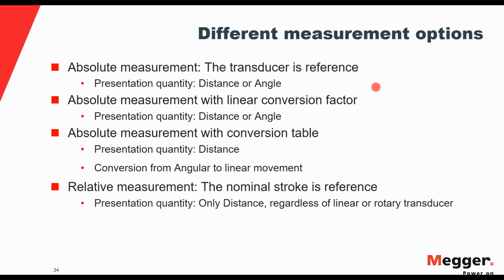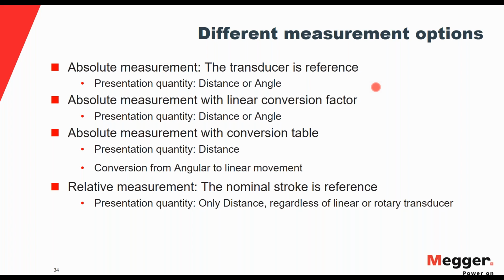Or you can do an absolute measurement with a conversion table. Now this conversion table is the most difficult thing to find, because this is something I believe only the manufacturer can give you. It's by measuring the indirect measurement, and then this measurement depends on where in that measurement you convert it to a distance value.